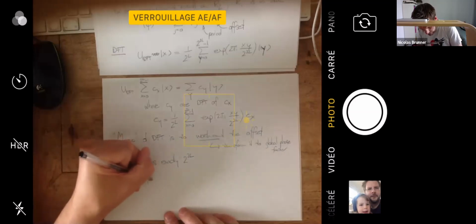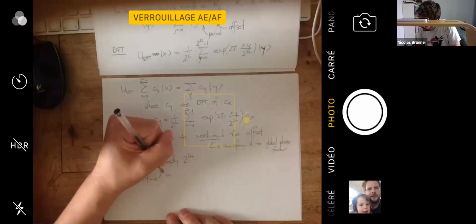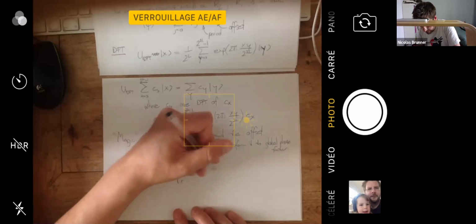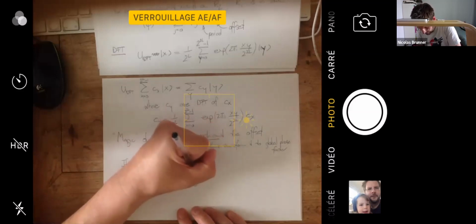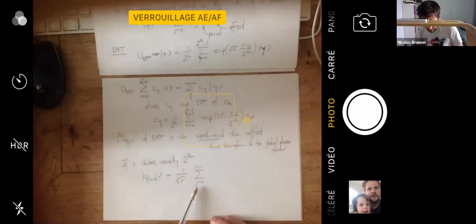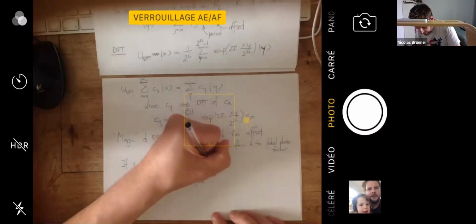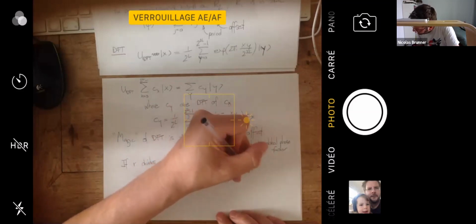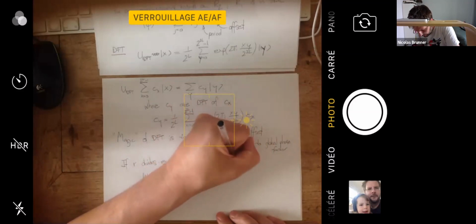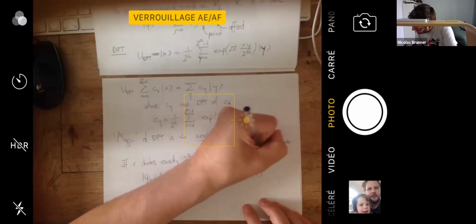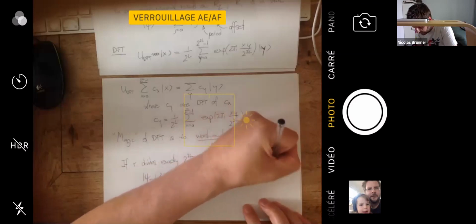So if that is true, my output state is going to be the following: 1 over root R, the sum contains now R terms, and what I have here is 2 pi i L J over R, and then I have J times 2 to the 2L over R.